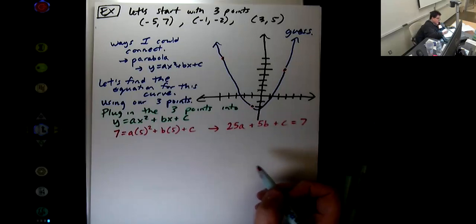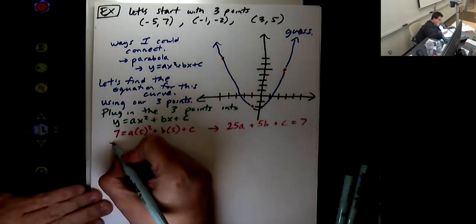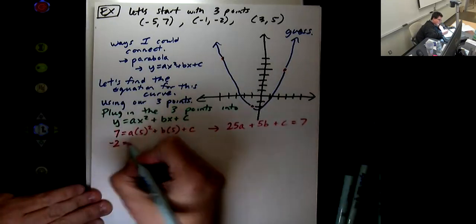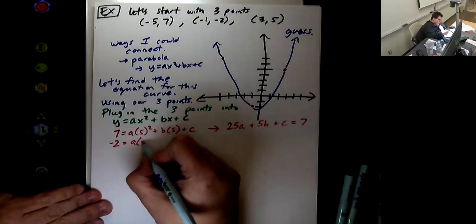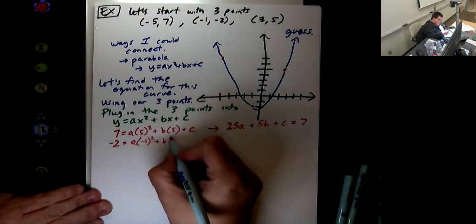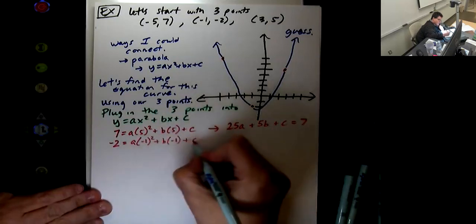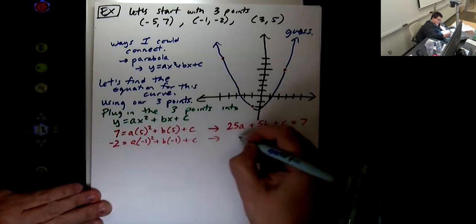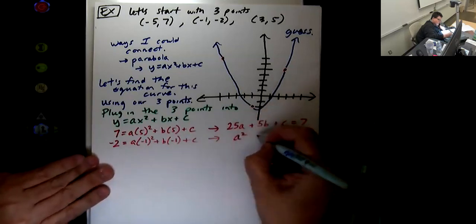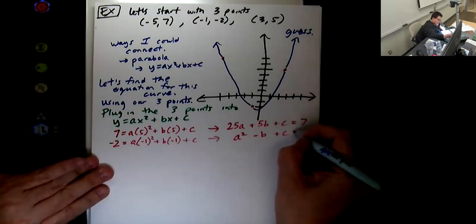If I do the next one, I've got y equals -2. I'm going to plug in x equals -1 for each of the x's. And this is going to give me a minus b plus c equals -2.